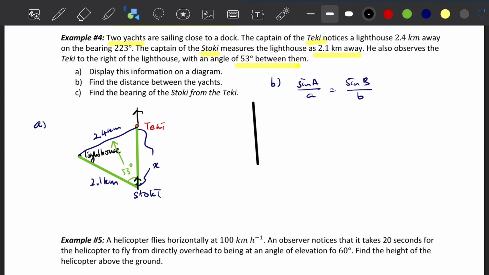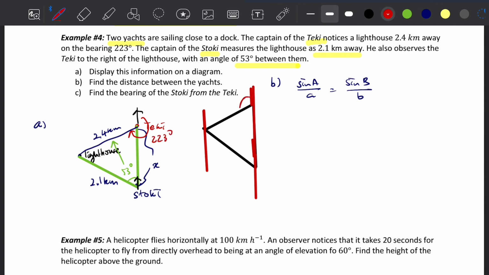We know there's Taki, Stoki, and then we have a lighthouse, and all three of them have true north lines. If I extend these true north lines, you can notice that there's a parallel diagram happening. Since the bearing from the true north line to the line between the Taki and the lighthouse is 223 degrees, we can figure out this angle here.